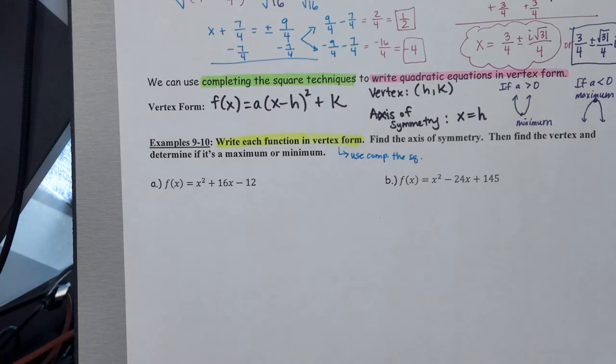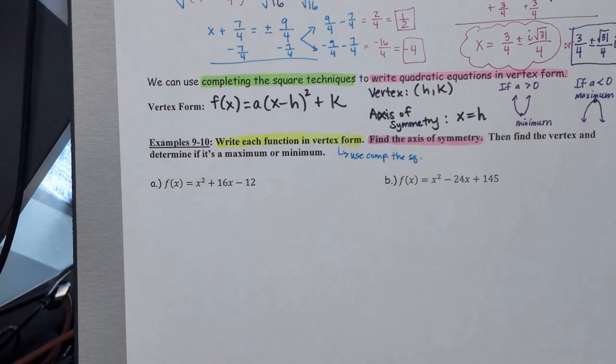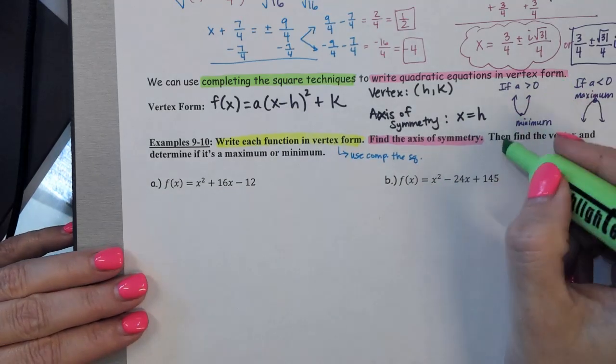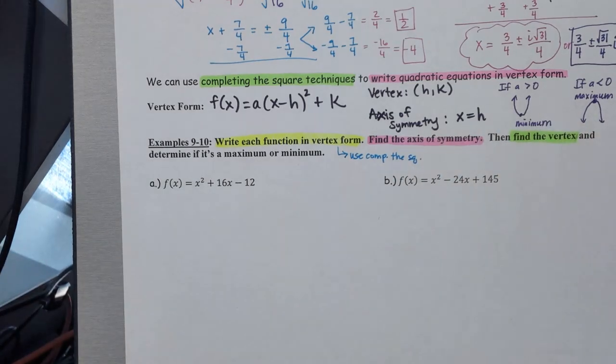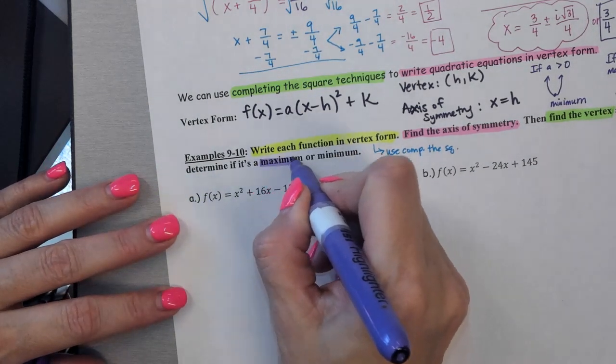You are going to find the axis of symmetry. That's the second thing. You are going to find the vertex. And then you are going to say whether or not that is a max or a min. So there's 4 different parts to your answer here.